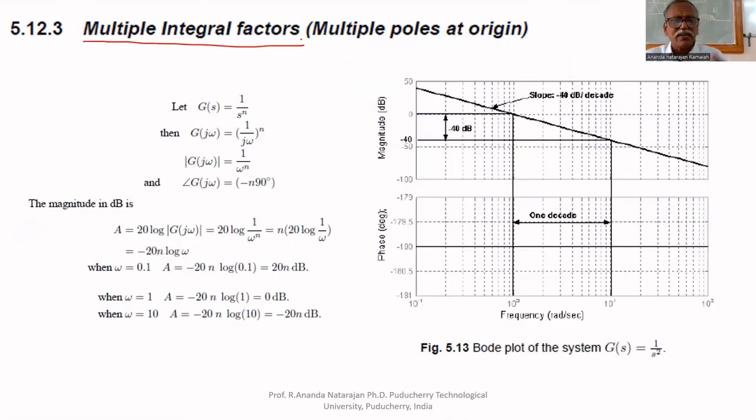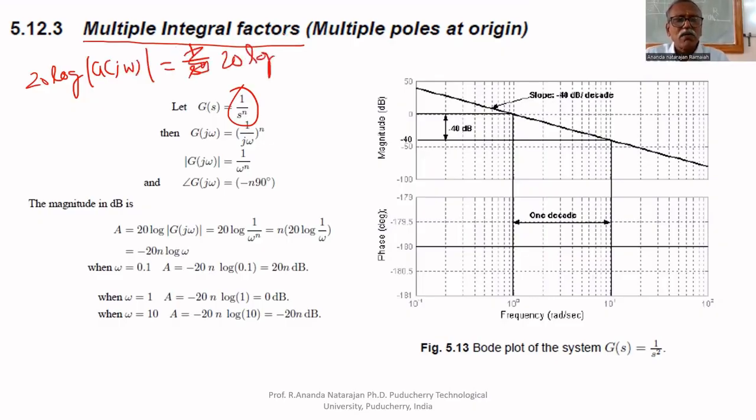Integral factors, that we have already seen. For 1 by s power n, in decibel scale, 20 log modulus of G of j omega equals 20 log modulus of 1 by s power n.